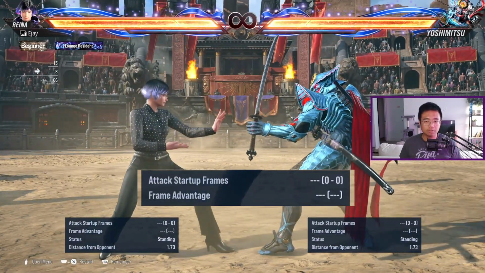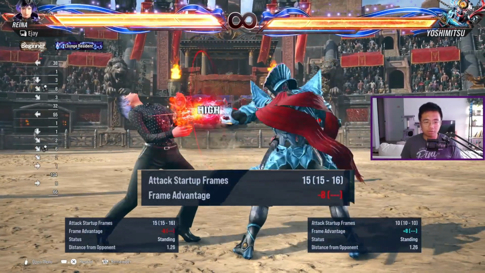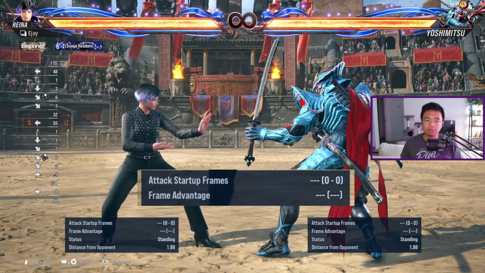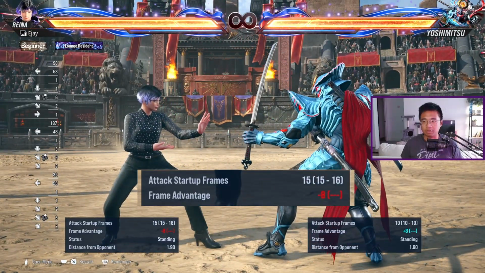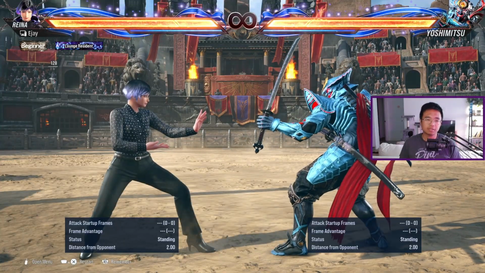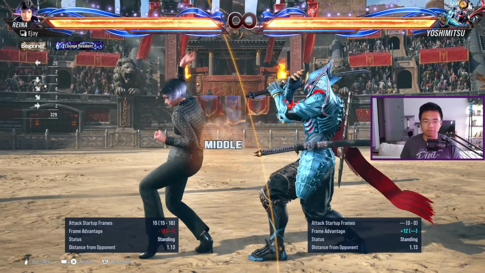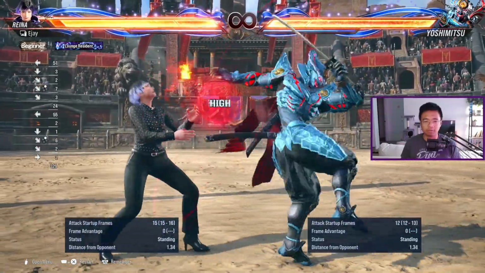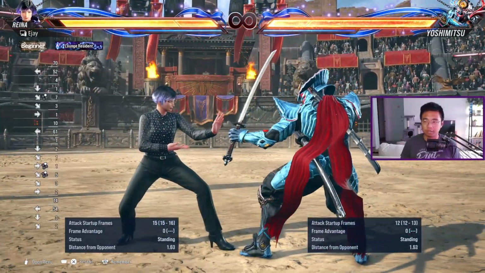Now for other moves, like for example, Reina's down forward 2, it's -12 on block, which means that Yoshimitsu can actually punish me with his 10 frame jab. And this could go on up to one of his 12 frame moves, like for example his standing 4 can punish me because as you can see, it is 12 frames.